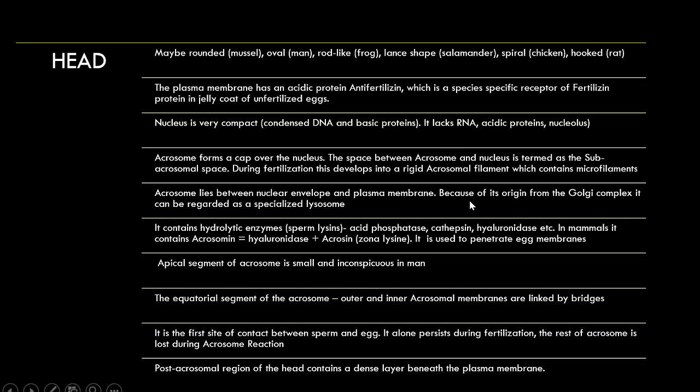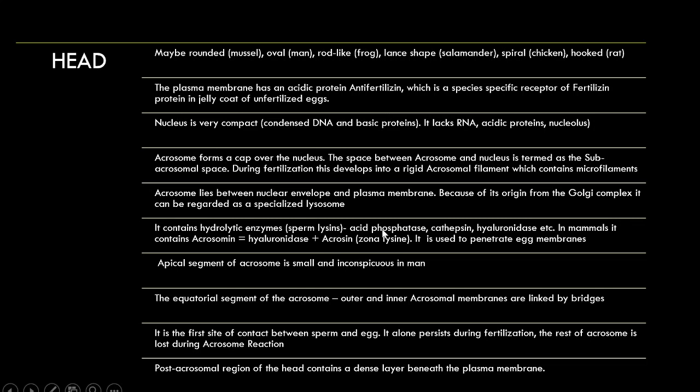Because of its origin from the Golgi complex, the acrosome can be regarded as a specialized lysosome. And as you know, lysosomes have specific enzymes. So this also contains hydrolytic enzymes which are called as sperm lysins.